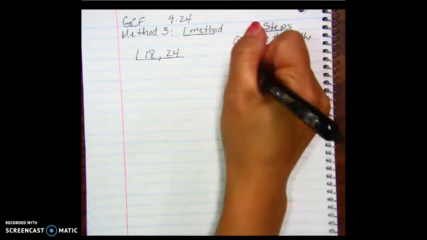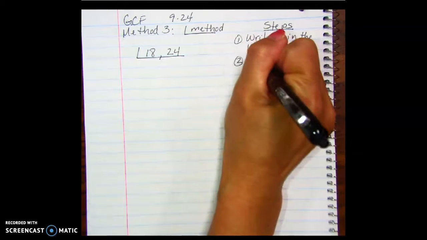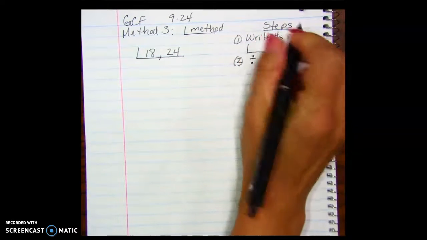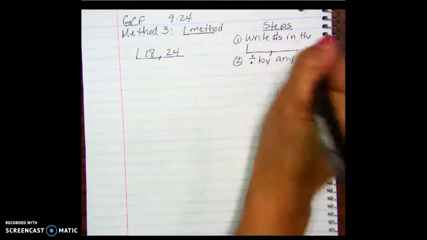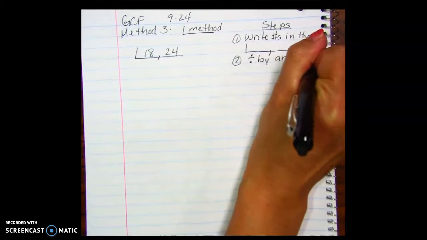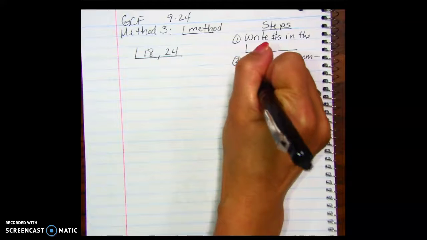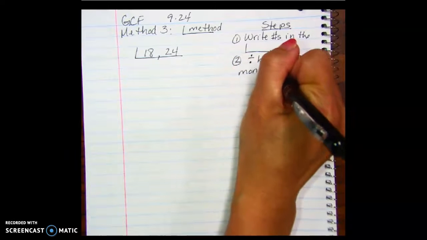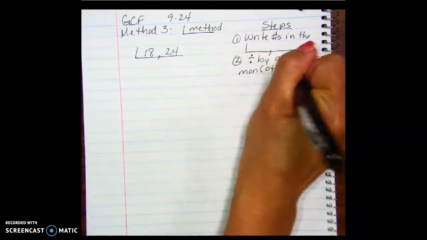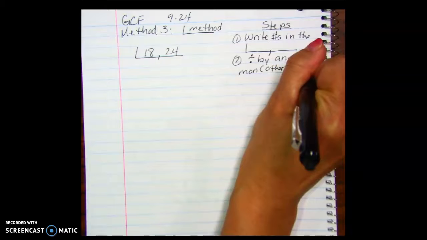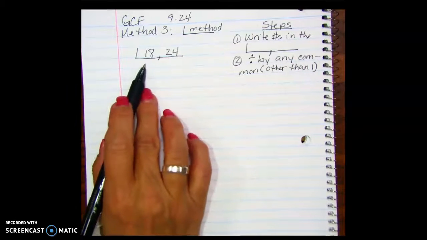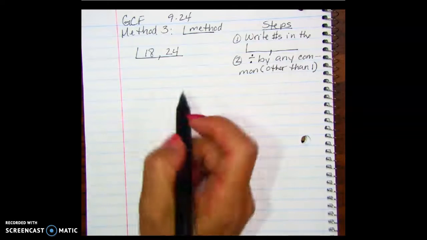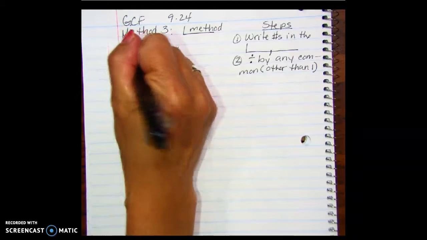Step 2 is to divide by any common factor. Okay, now that's kind of broad because it's not actually any common factor, it's any common factor other than 1. So I'm going to just make it easy and we're going to say I know these are both even, so 2 goes into both.